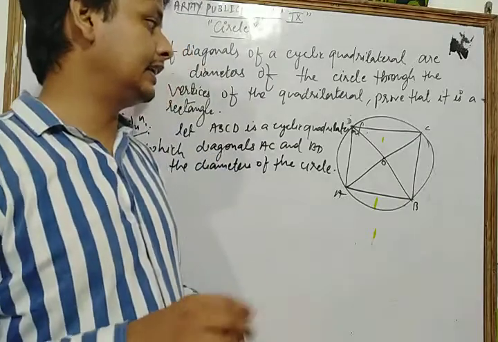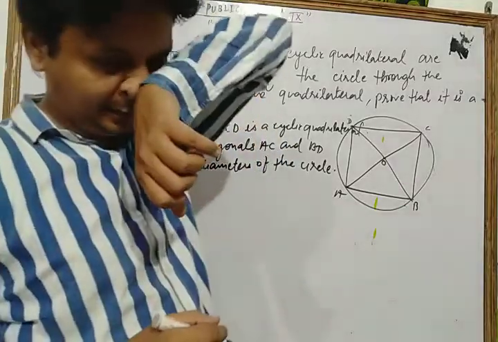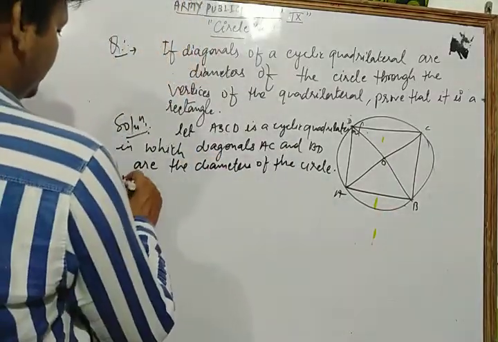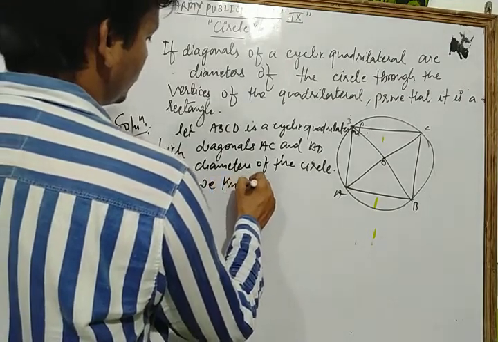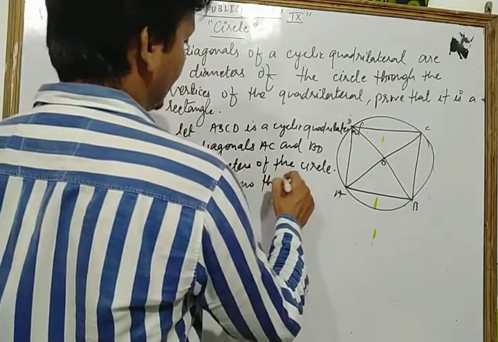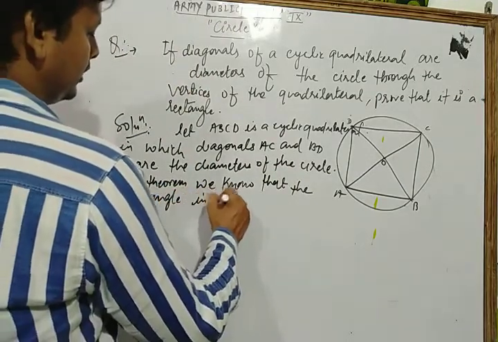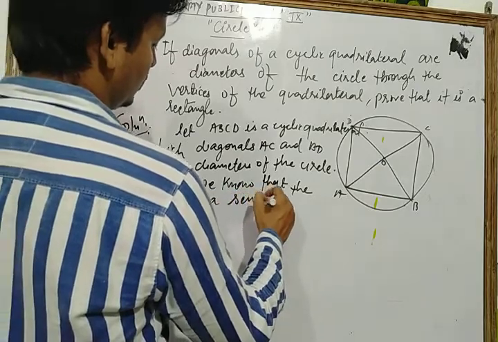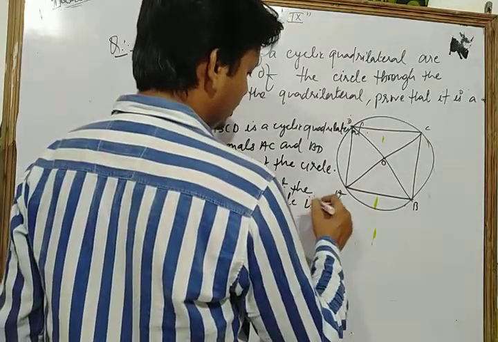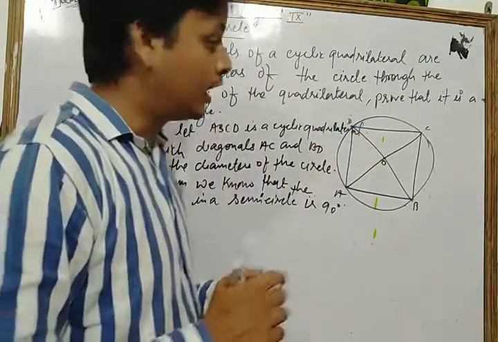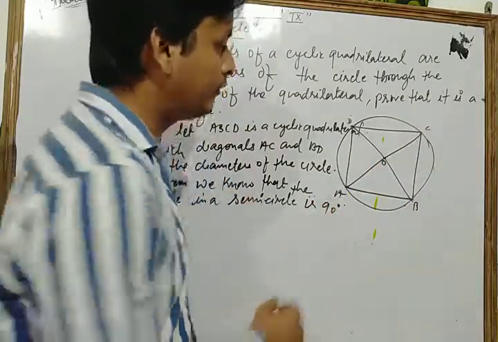We know by the theorem that the angle in a semicircle is 90 degrees.